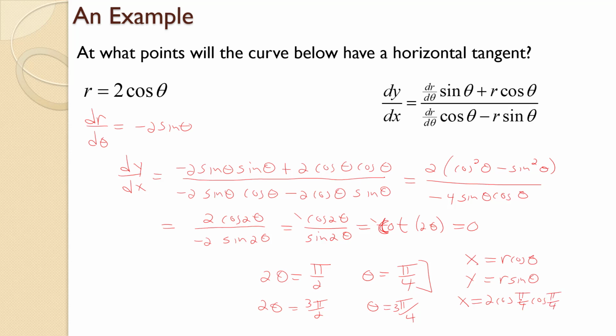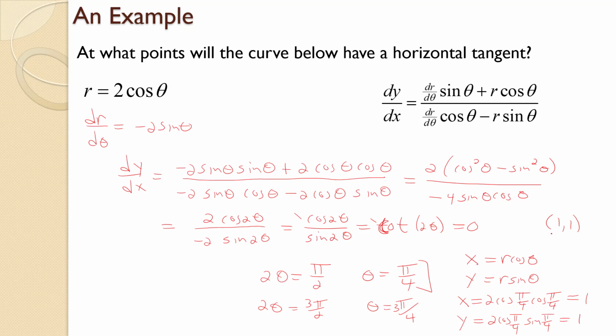The cosine of pi over 4 is the square root of 2 over 2, and because there are 2 cosines, I'm squaring it. That's 1 over 2, times 2, that's just 1. The y-coordinate would be r, which is 2 times the cosine of pi over 4, times the sine of pi over 4. For the same reasons, that's also 1. So the point (1, 1) in Cartesian coordinates is a point on the graph where you have a horizontal tangent line.